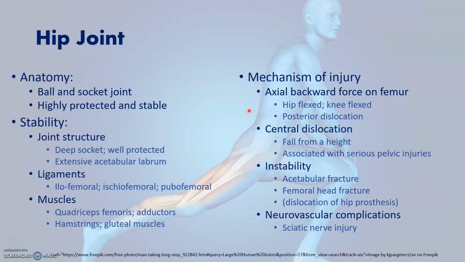The big neurovascular complication of hip injuries is sciatic nerve injury, when the femur is displaced posteriorly. It presses on and stretches the sciatic nerve, which can cause significant sciatic nerve injury.